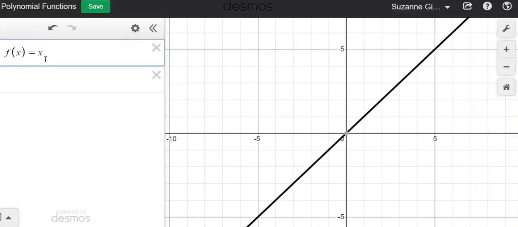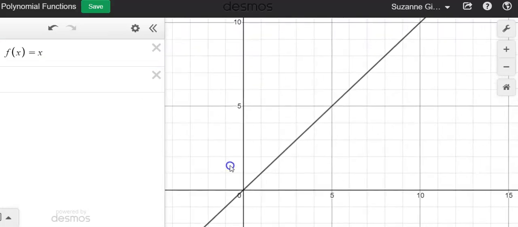The other thing we need to look at is what happens to the growth rate when you increase the degree of the polynomial. So let's return to Desmos and enter a few other functions to see if we can figure out what happens to the growth rate as you increase the degree of the polynomial. I'm going to make this so I can look a little bit closer at the first quadrant.